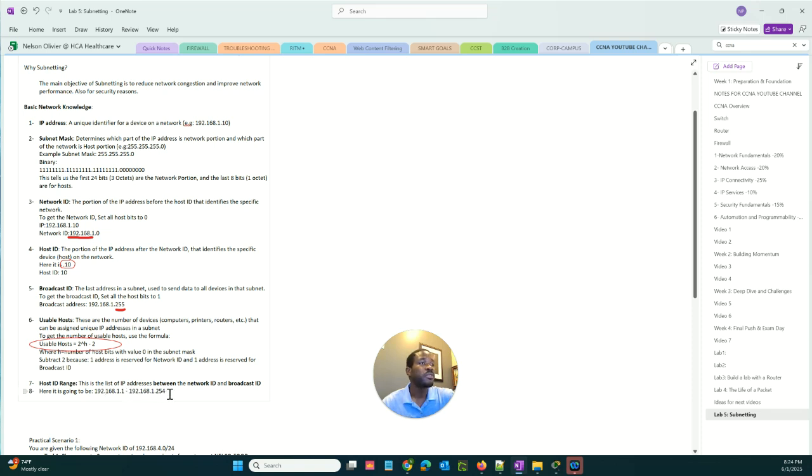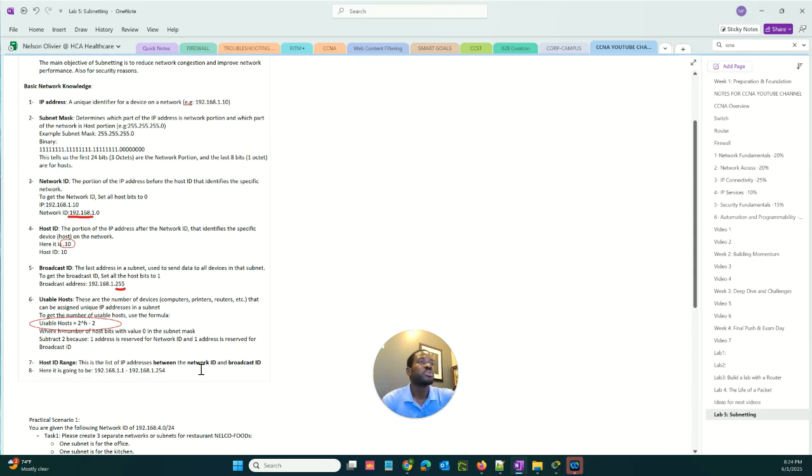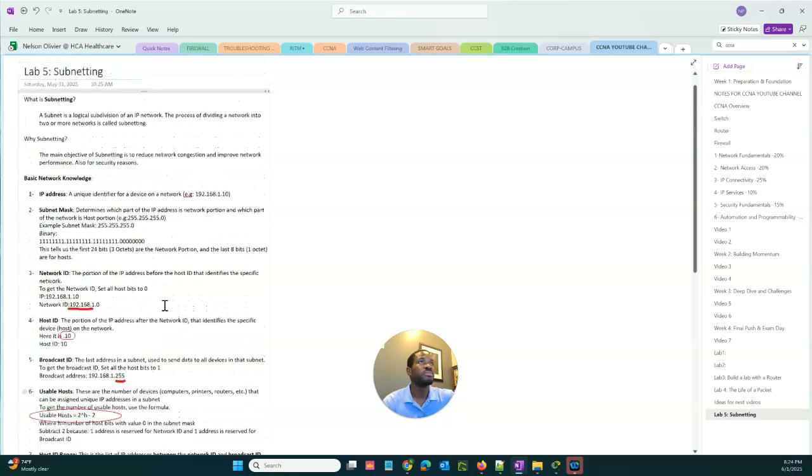And before the broadcast ID, we have 192.168.1.254. So after the network ID and before the broadcast ID, we have what is called the host ID range. So that is it for this basic overview of subnetting.